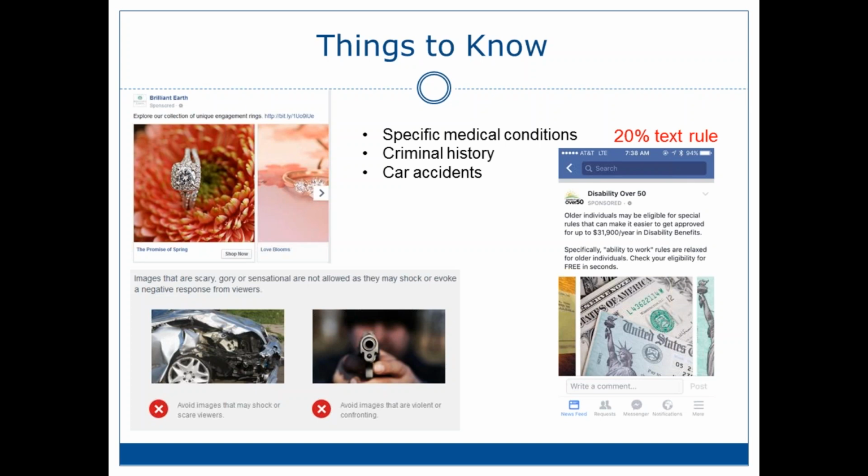If somebody has a criminal history, you can't go look up the criminal history and then deliver ads to them based on that, like, have you been involved in an armed robbery? Those things are not allowed. You can say, I'm an attorney that deals with people who have been involved in armed robberies, and then you can deliver it to a general targeted audience.